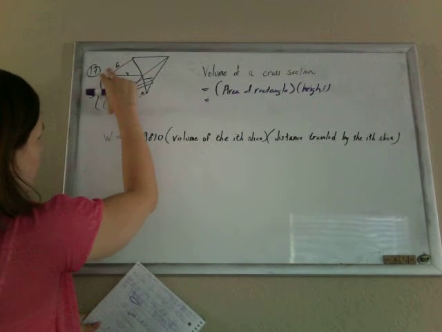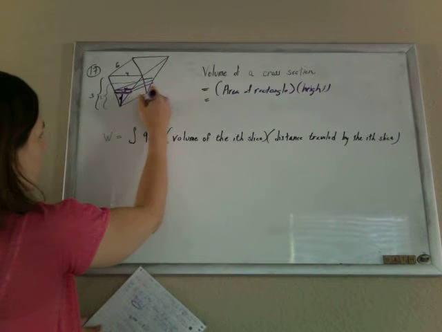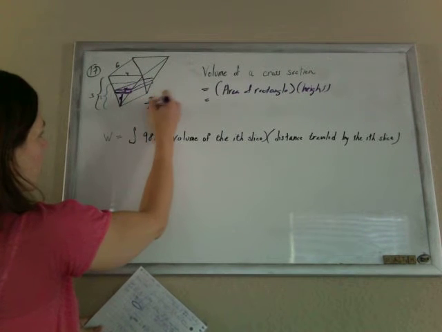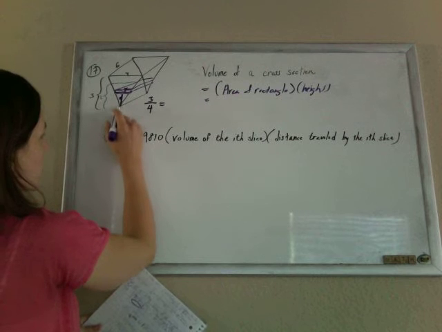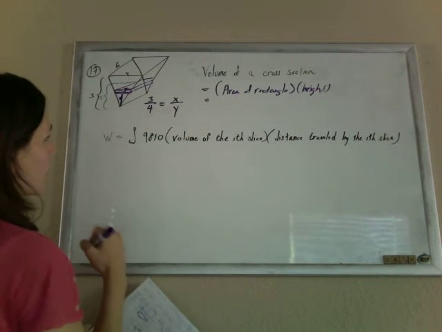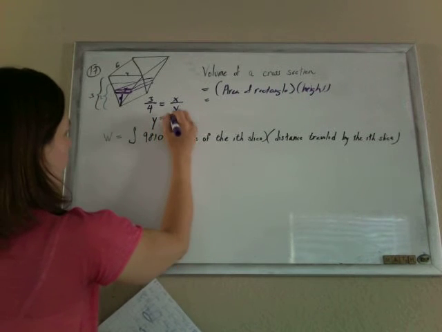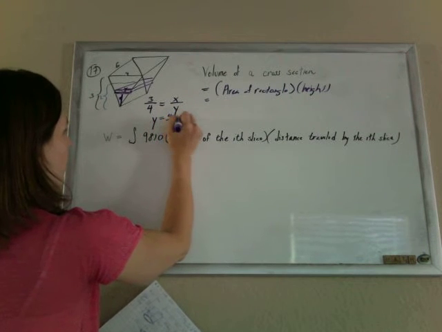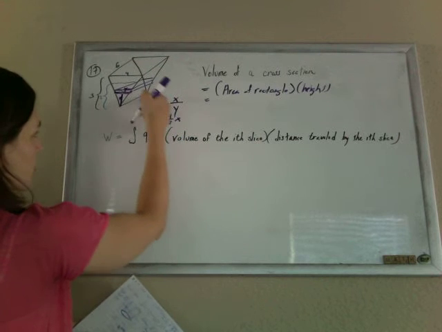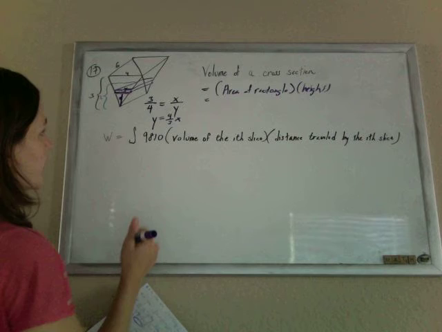The biggest triangle has a height of 3 and a width of 4, and my cross-sectional triangle has a height of x and a width of y. So if I solve for y, I get that y is 4/3 of x. Just do a little bit of cross multiplication. 3y equals 4x. y is 4/3 of x.